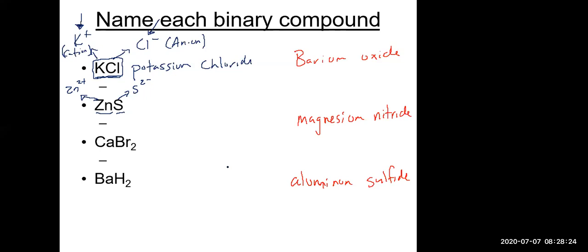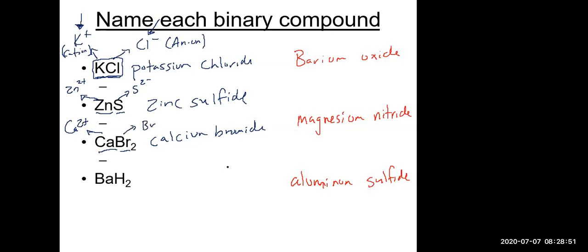Because zinc has a fixed charge, we just call it zinc, whole name, and sulfur becomes sulfide at the end. Coming down here, we have Ca and Br2, which we named earlier, and that was calcium bromide. Calcium, being group 2, has a fixed +2 charge, and Br, which is group 7, has a -1 charge.